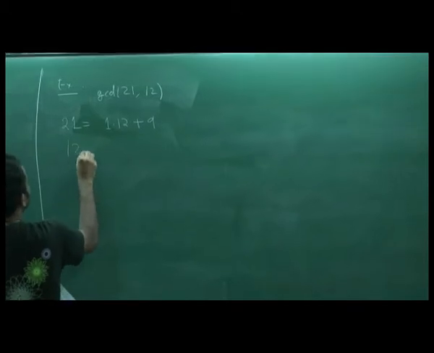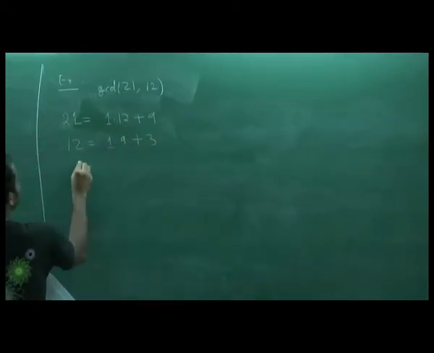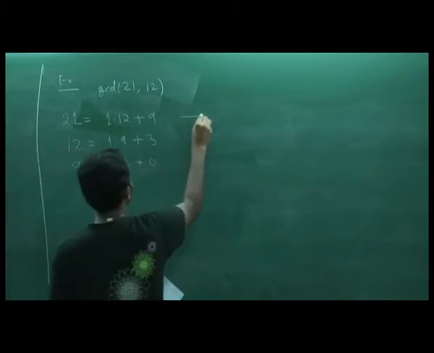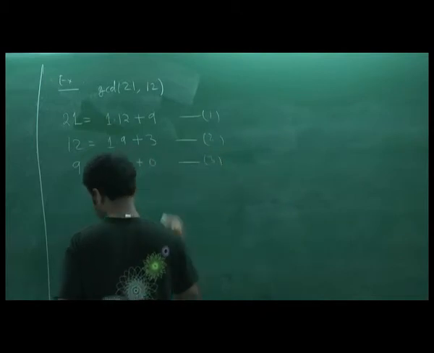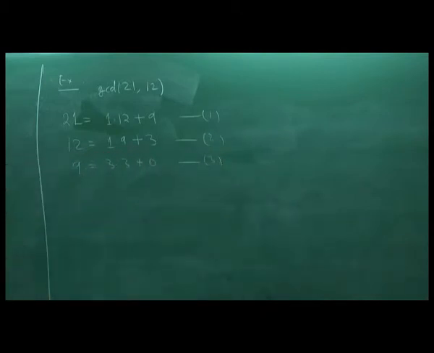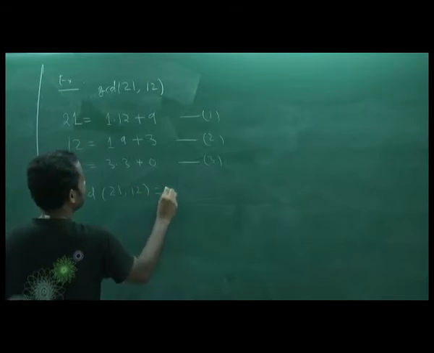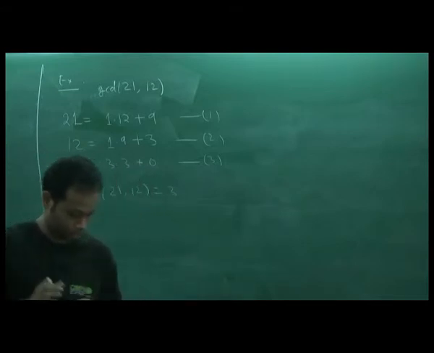Then 12 equals 1 times 9 plus 3. And 9 equals 3 times 3 plus 0. So this is the first step, second step, third step. So from here we got GCD of 21, 12 equal to 3.